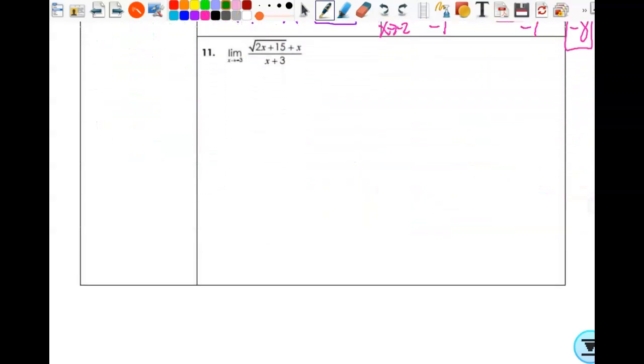All right. So I'm going to multiply by the conjugate. So this is going to give me the square root of 2x plus 15 minus x over the square root of 2x plus 15 minus x.